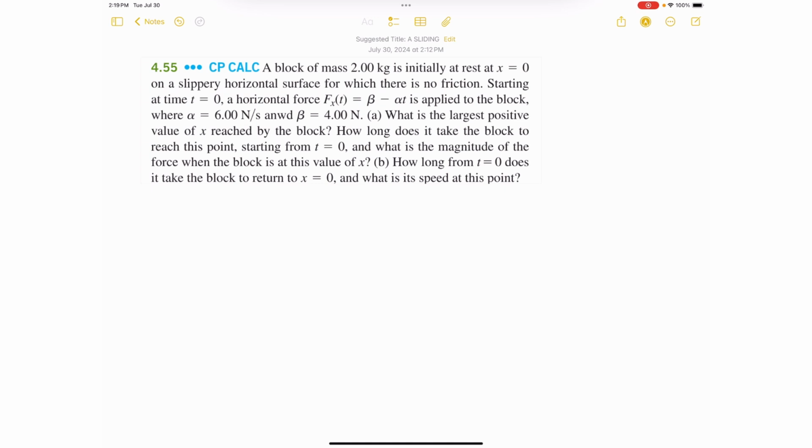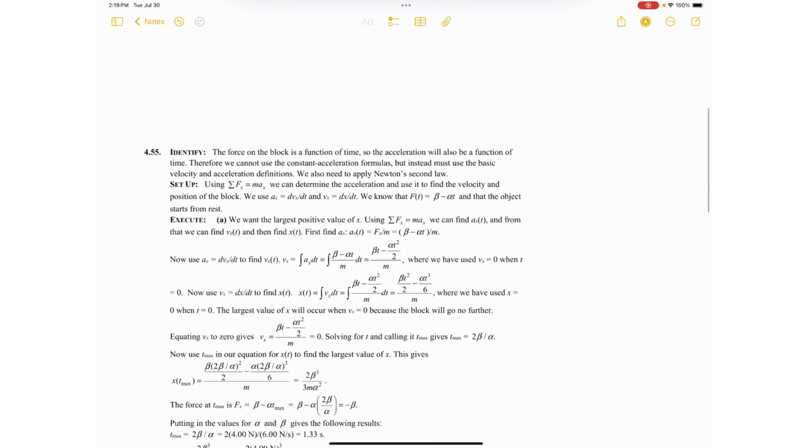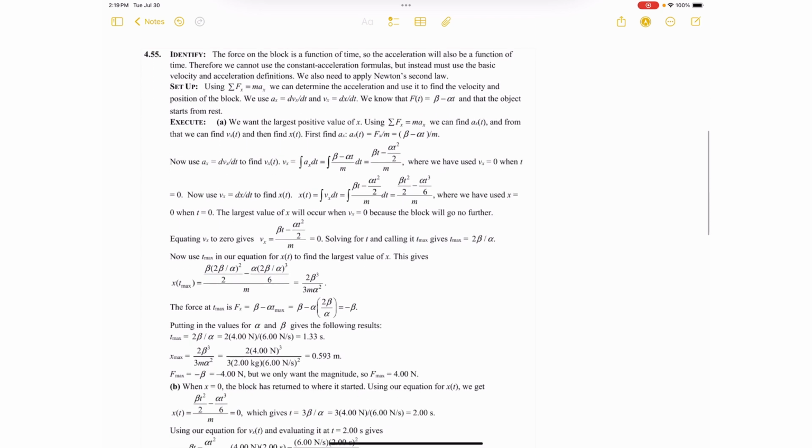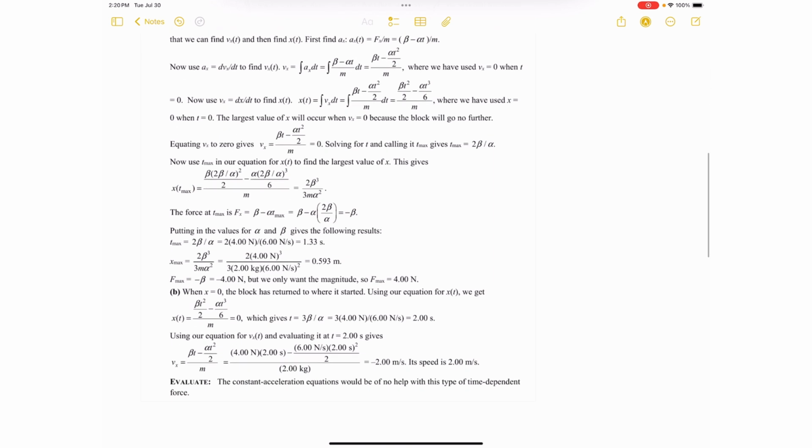Now, in these problems, of course, there's a traditional way of solving it, where you have to remember your equations, lay them all out, manipulate them, know where all your values go, and then get your right answer. This is not how I do it.